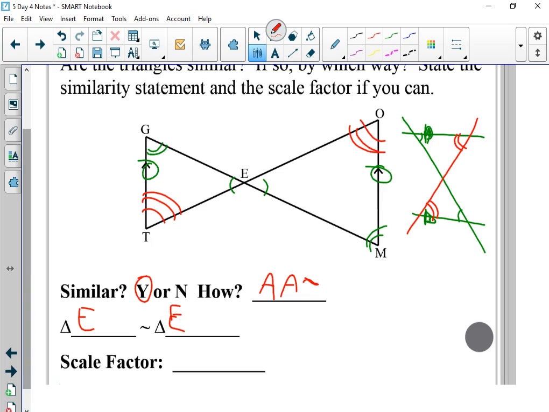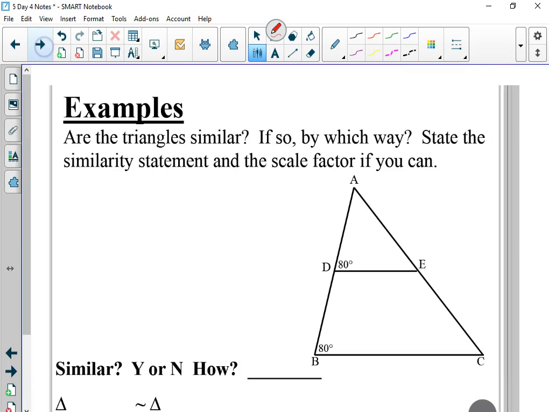And I'm going to go towards marker 2, which is M, up to O. And the other one, I'm going to go to G, and then T. And I'm just going to go in order, 1, 2, 3, on both of them. And without any numbers, we cannot say anything about scale factor. It's not possible.